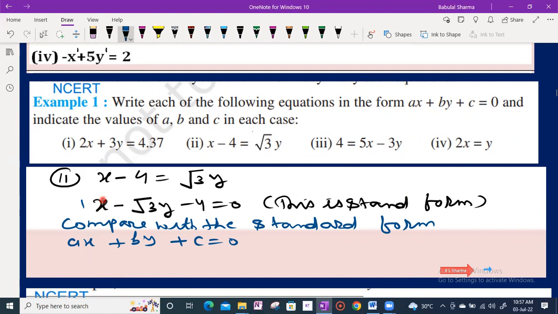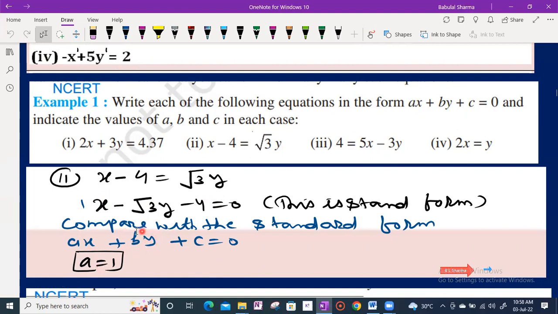So we can say that a is equal to 1. फिर से देखिए x के coefficient हमने a ले रखा है और इस जो स्टैंडर्ड फॉर्म में हमारा जो है that is x minus root 3y minus 4 is equal to 0. उसमें x का coefficient 1 है. So it means a is equal to 1.